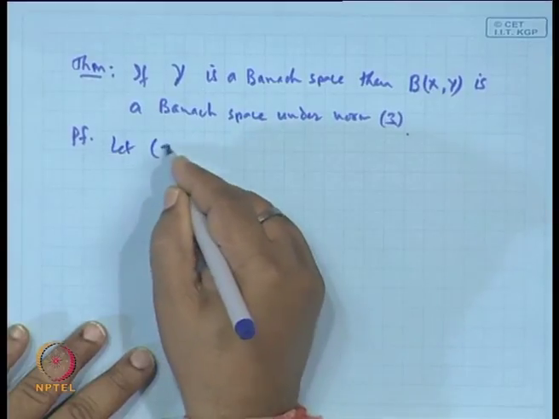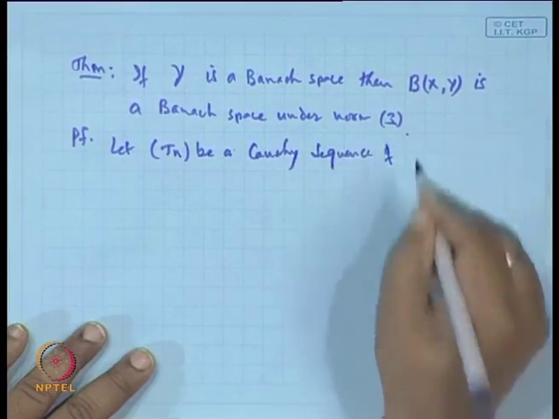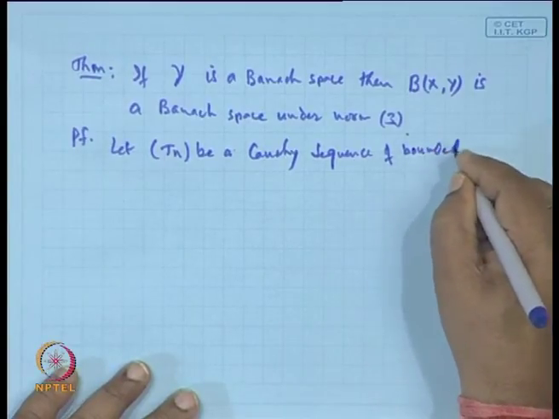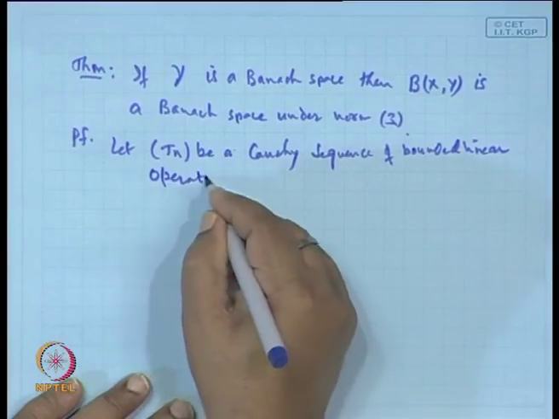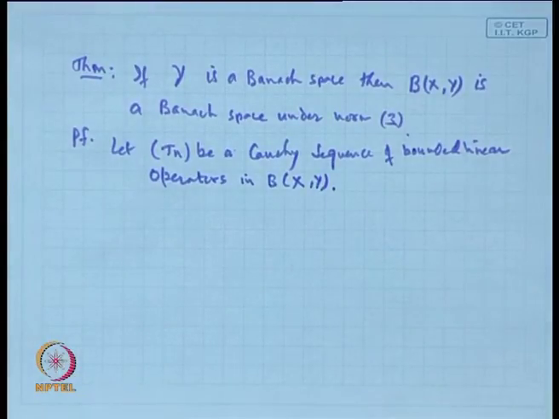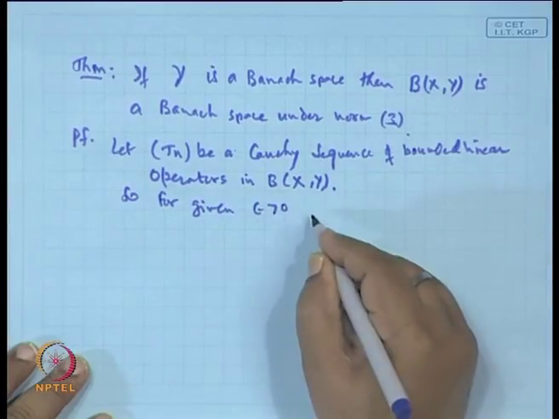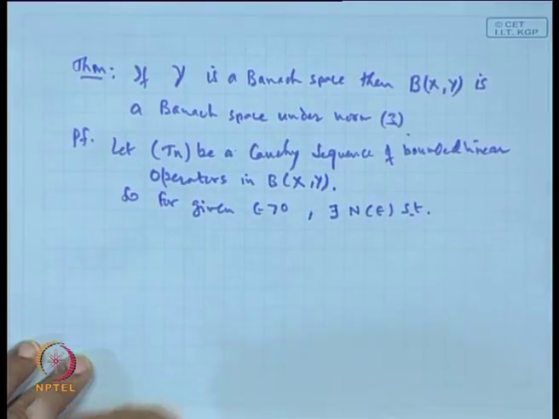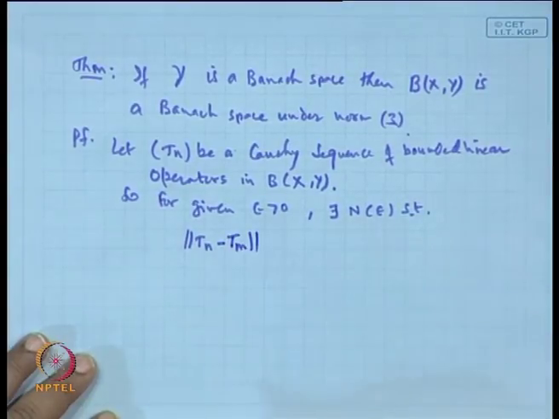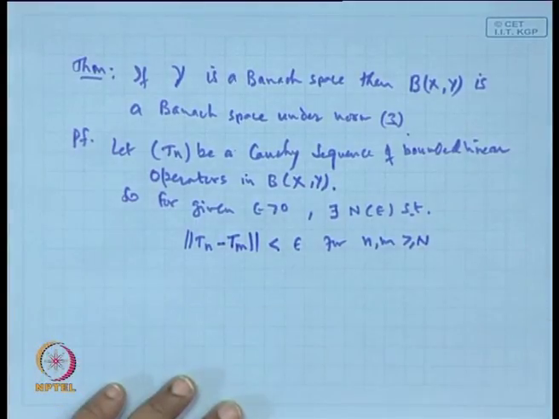So let T_n be a Cauchy sequence of bounded linear operators in B(x, y). T_n is Cauchy means, for given epsilon greater than 0, there exists a capital N depending on epsilon such that norm of T_n minus T_m is less than epsilon for n, m greater than or equal to capital N, by definition.